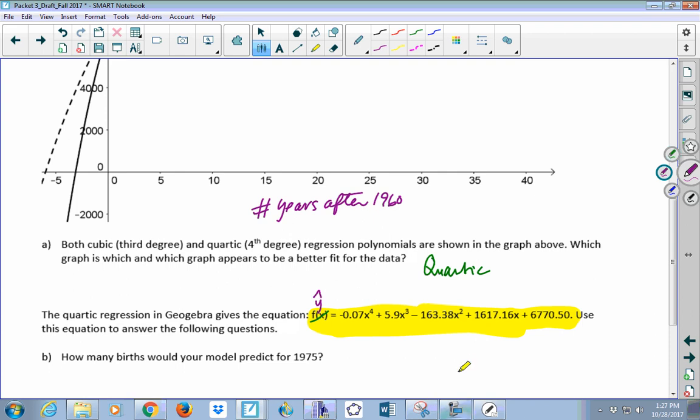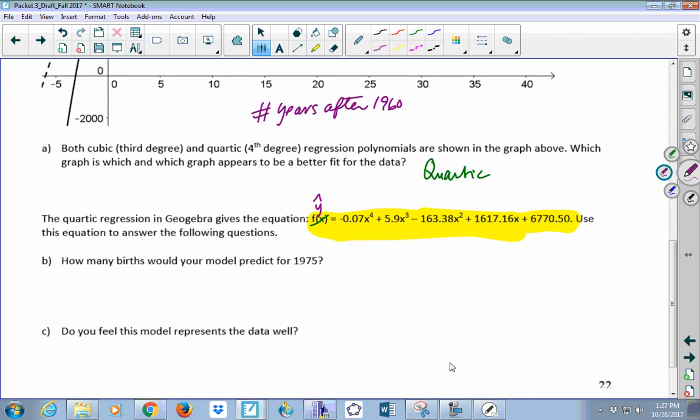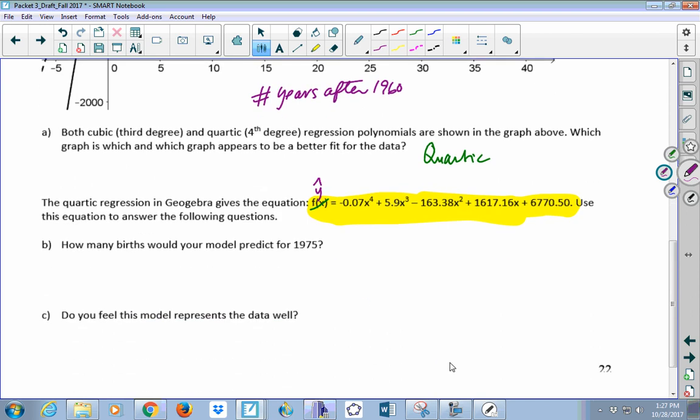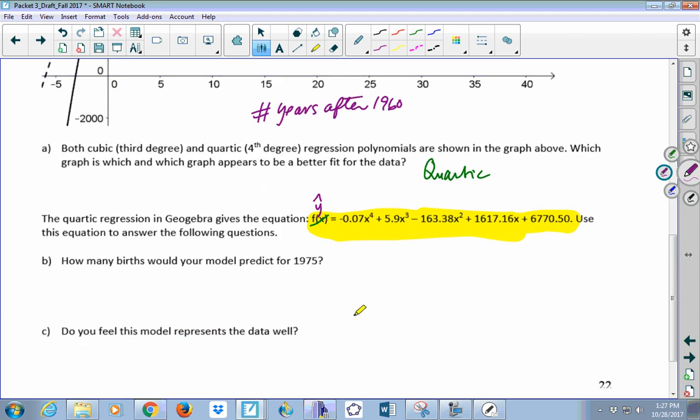So let's use this quartic regression model here to answer the following questions. How many births would this model predict for 1975? Well, 1975 minus 1960 is 15 years. So to predict that, I would put in 15 everywhere I see an x and raise it to the appropriate power.